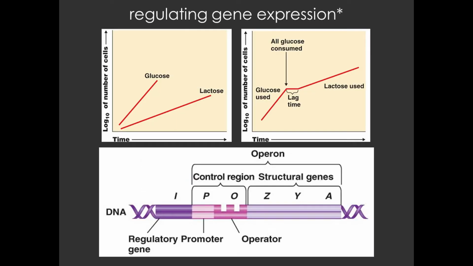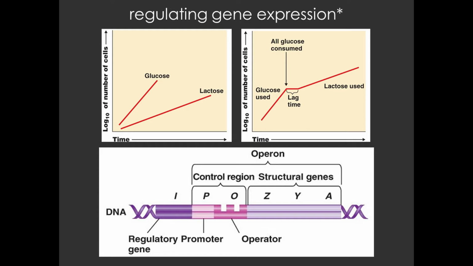The control of genes involved in metabolism is really important for bacteria because bacteria tend to have a relatively high number of genes involved in either catabolism of metabolites for food or anabolism of metabolites for use in the cell.